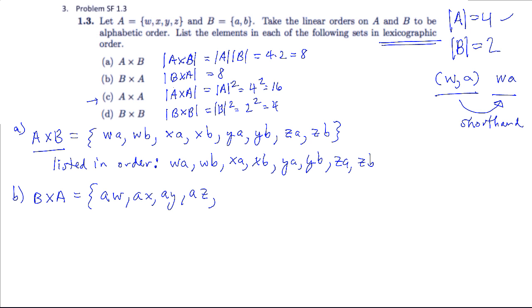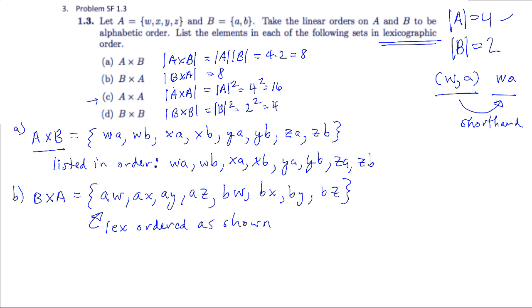Then I'm going to move on to element B from set B, BW, BX, BY, and BZ. So I'm going to write out the set, which is the cross product, but I'm going to say that it's lex ordered as shown. So I have listed the elements in lex order. At the same time, I've listed the elements in the set.